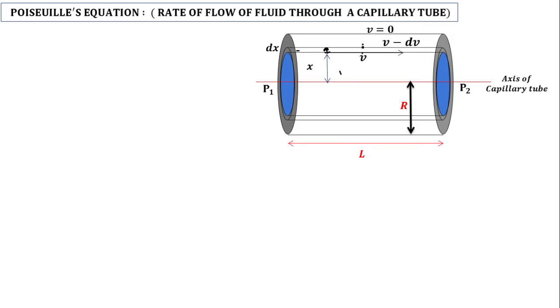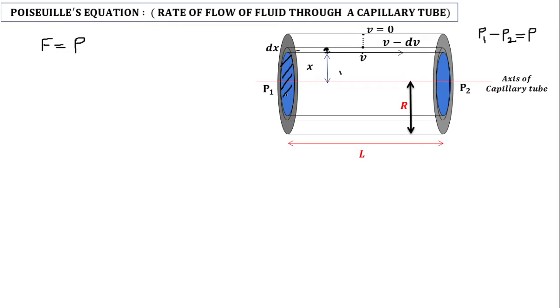And we assume that the velocity of the fluid layer which is attached to the solid here is 0, it is at rest. So first of all, the fluid flows due to pressure difference. The force on that fluid is F. Force is pressure into area, which is pressure difference into area. So I'm writing pressure difference P1 minus P2 as P into area of that.